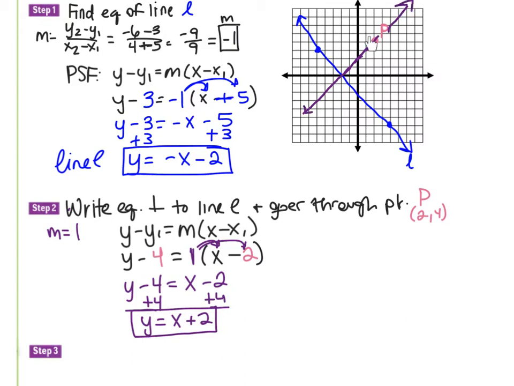Remember, the main question that we had was to find the distance, this yellow. We need to find the shortest distance between P and line L. In order to do that, we have to figure out what this intersection point is.